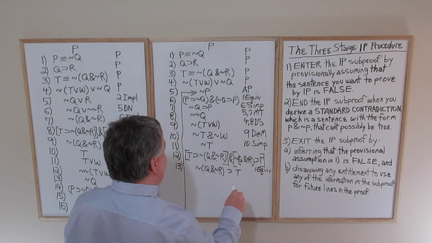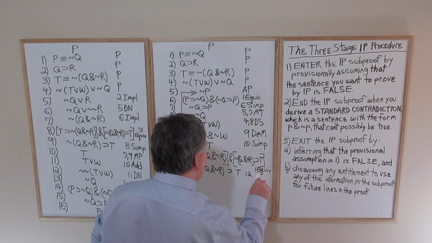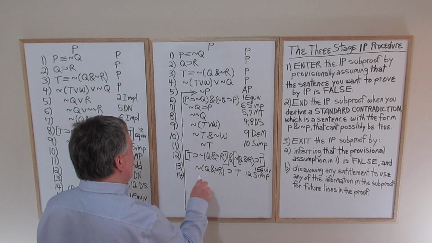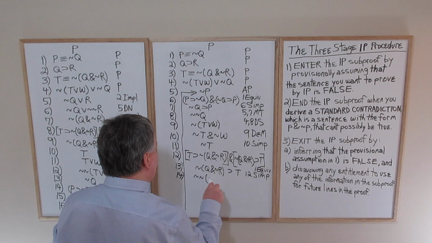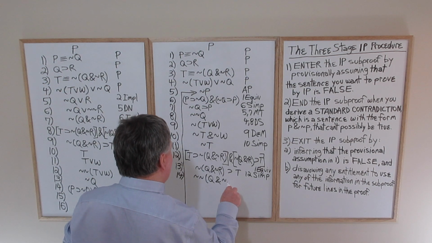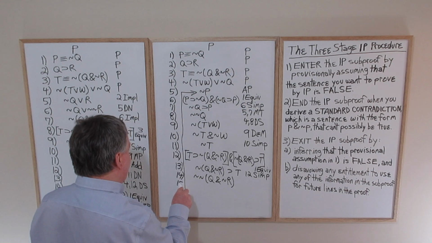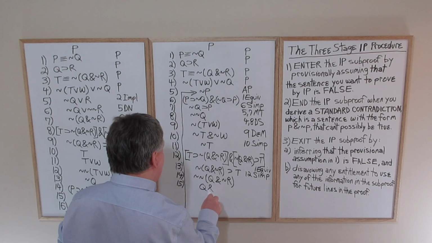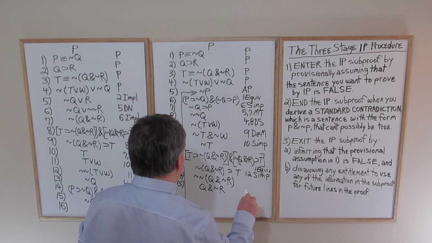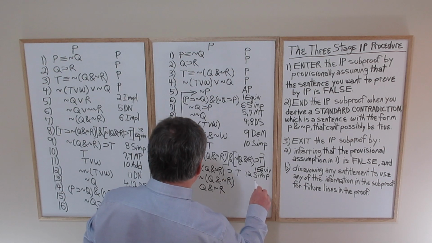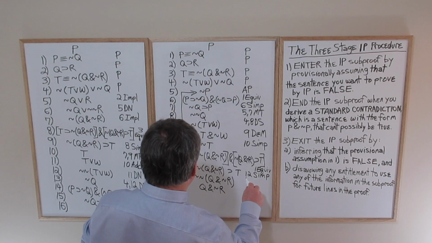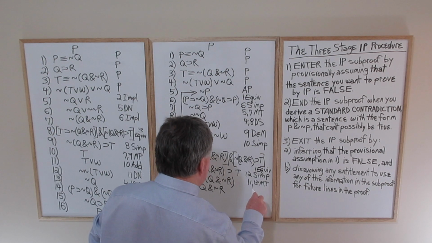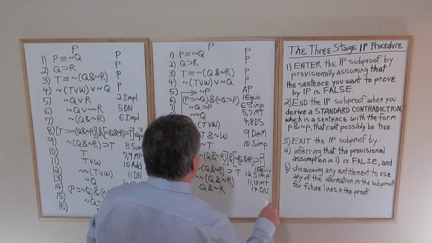Horseshoe T is going to be 12 simp, so that 14 is going to give us tilde tilde Q and tilde R. Then we can do a double negation to get Q and tilde R. So that's 11, 13 modus tollens for line 14, and then 15 is 14 double negation.